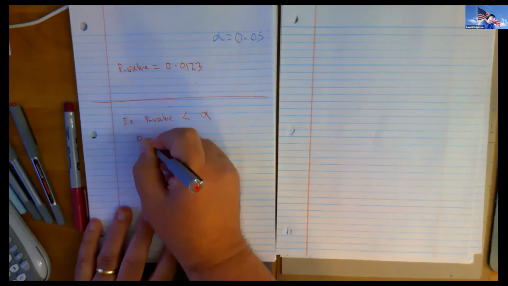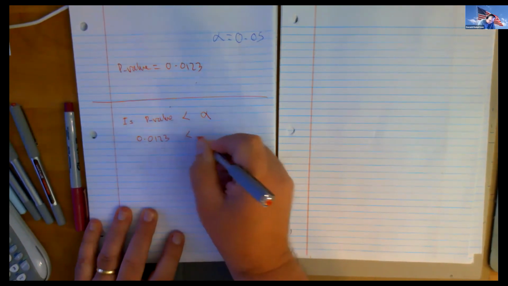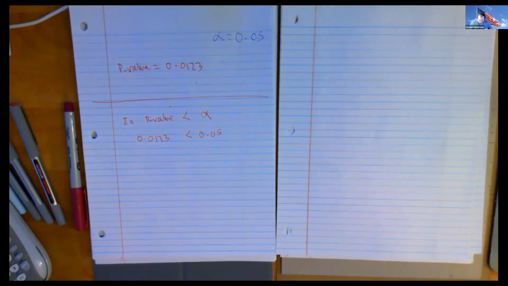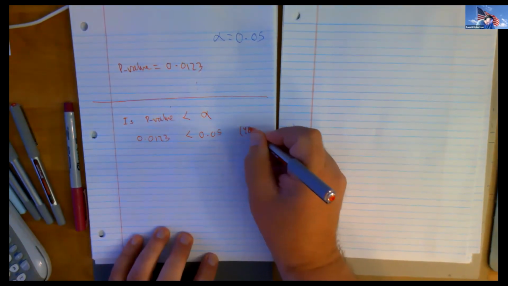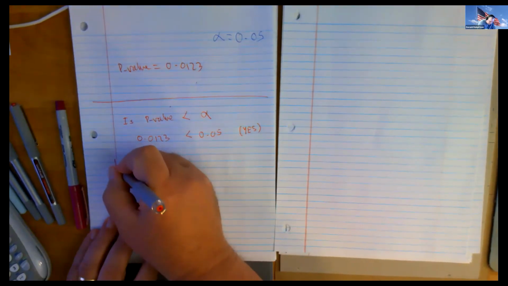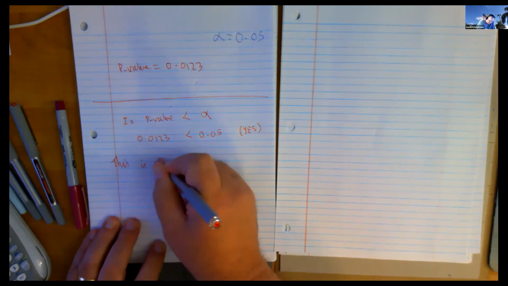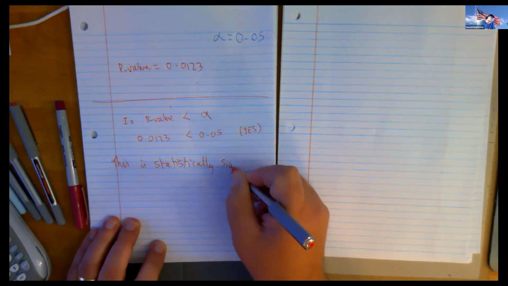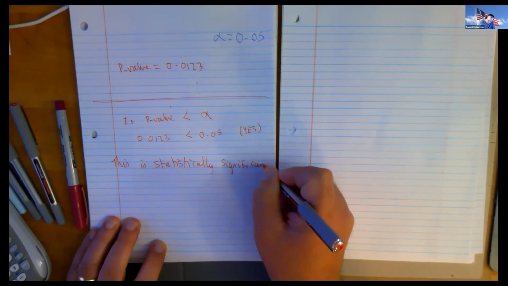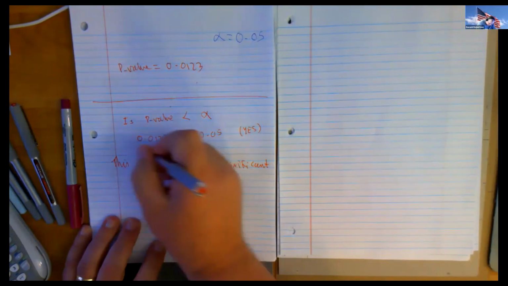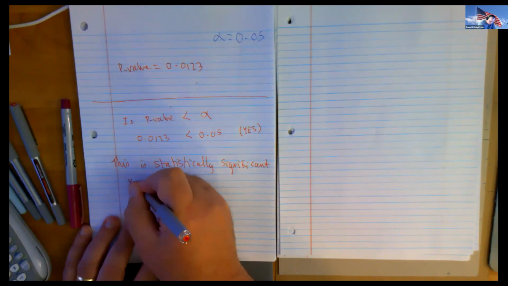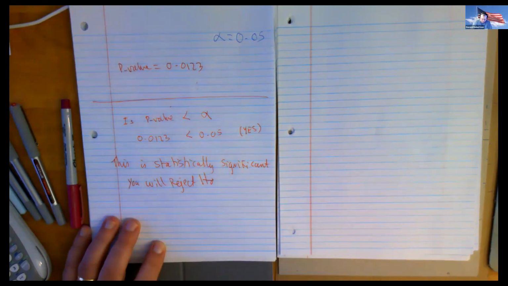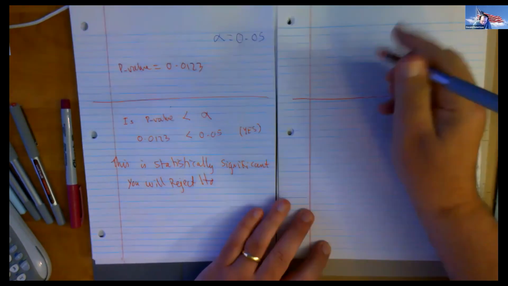In this case, 0.0123, is it less than this guy? Would I say yes then to this question? Agreed. And when you say yes, this is statistically significant. And to use the way they phrase it, if this is a yes, you will reject H0.